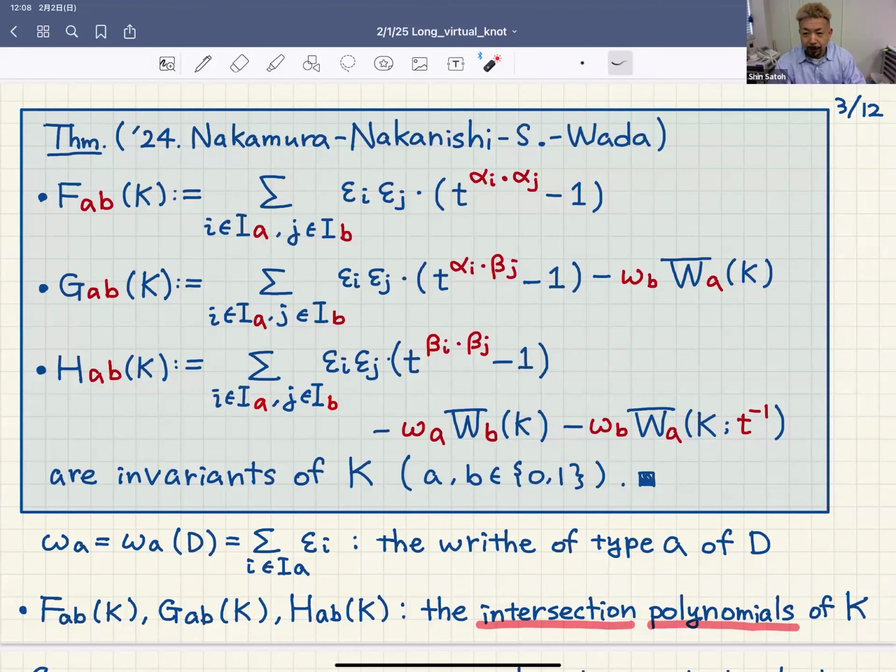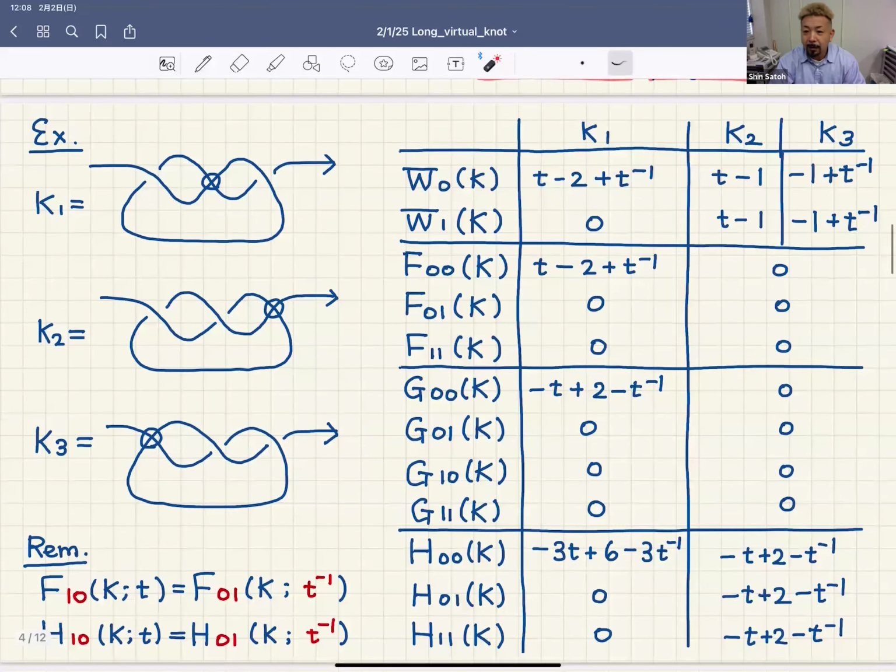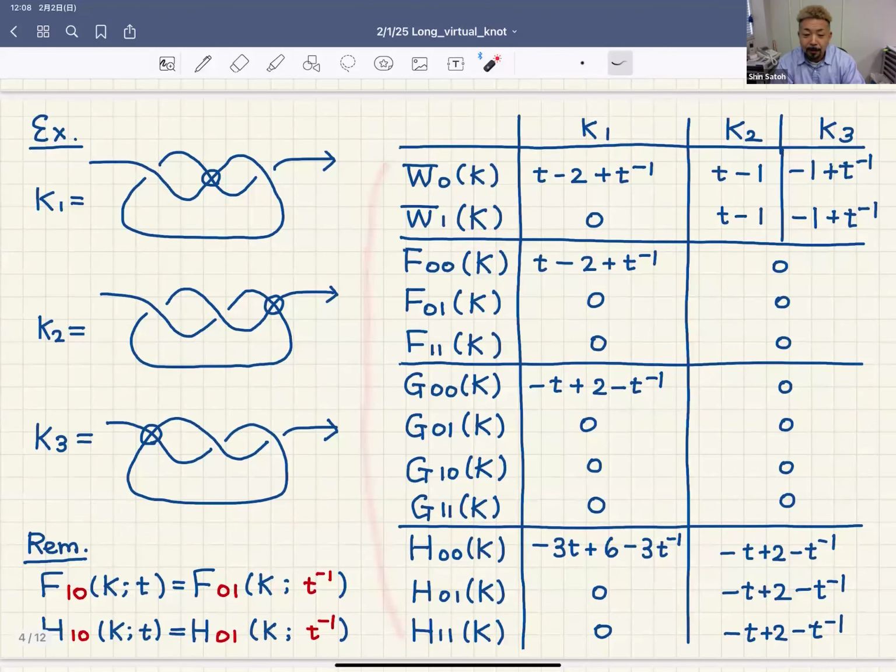We give an example here. These three long virtual knots K1, K2, and K3 are obtained from a trefoil knot by replacing a middle, right, or left crossing with a virtual one, respectively. Then the rise and the intersection polynomials of these long virtual knots are given as shown in this table.